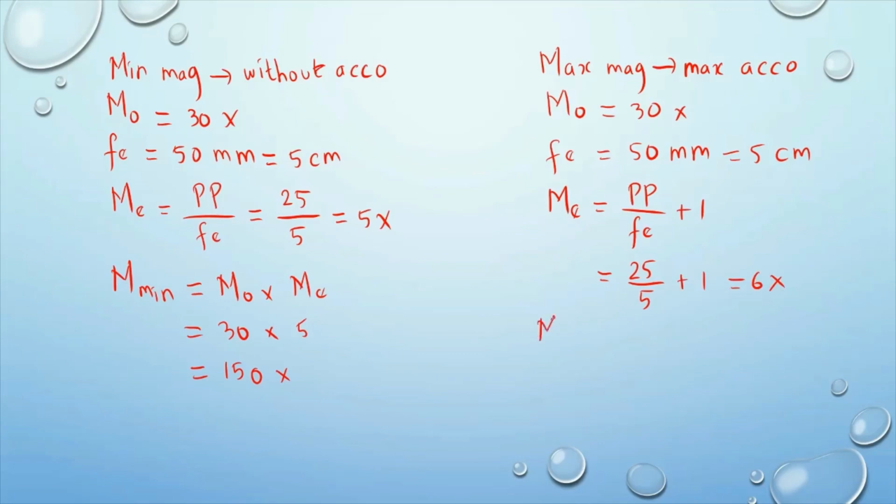Now, the maximum magnification equals M_O times M_E. The M_O is the same as for the minimum magnification, which is 30 times, but the M_E is 6 times. So this equals 180 times. So the final answer for maximum magnification is 180 times, and for the minimum magnification is 150 times. That's the answer for our work example.